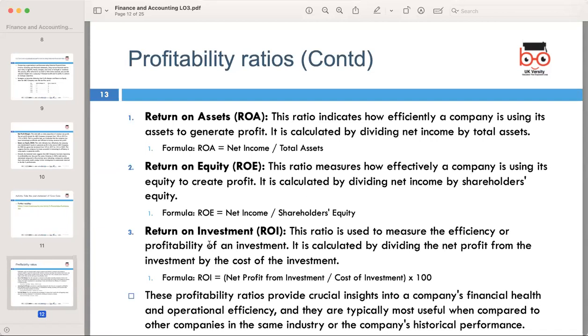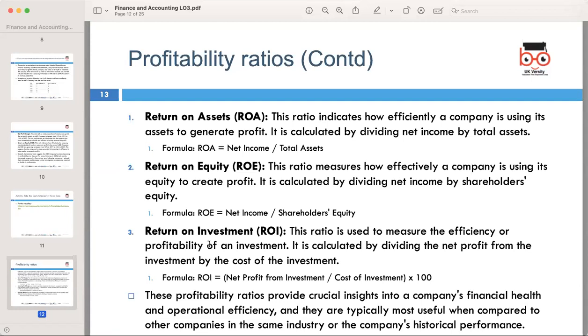And the last one is return on investment. This ratio is used to measure the efficiency or profitability of an investment. It helps us understand how much profit is generated from a particular investment compared to its cost.